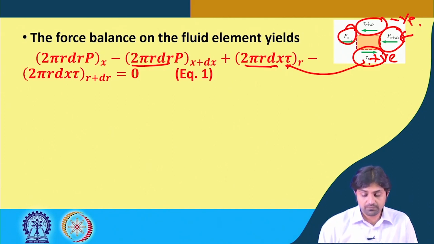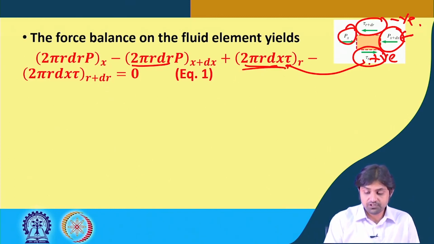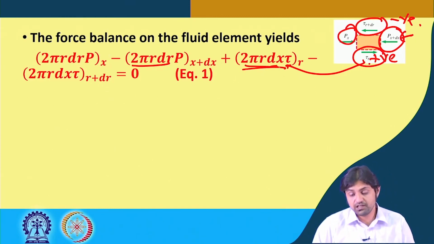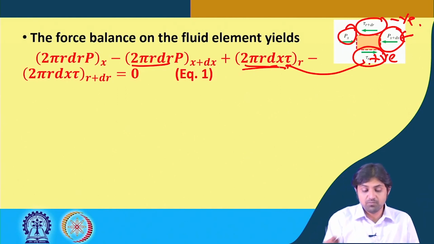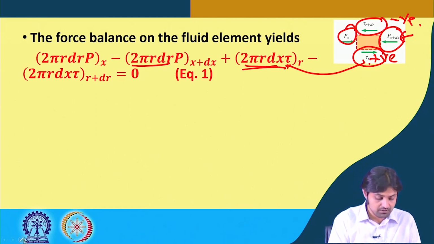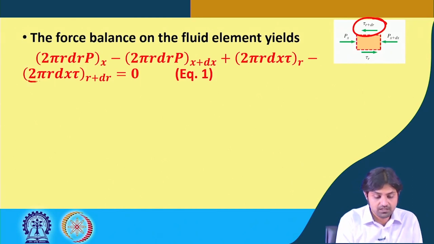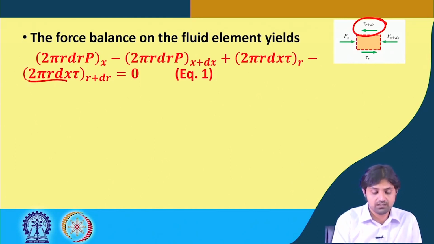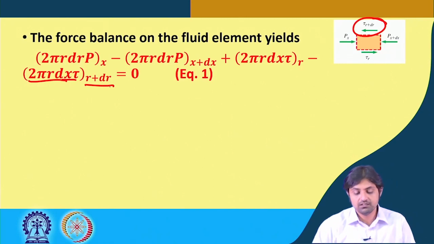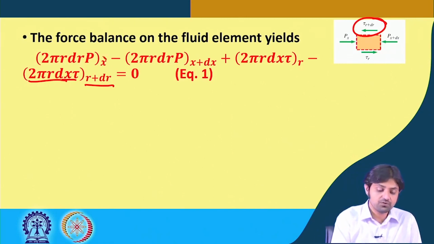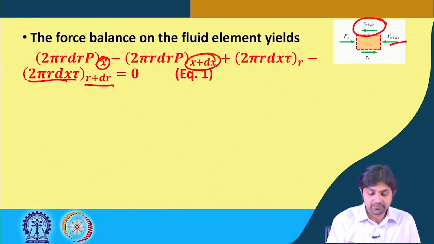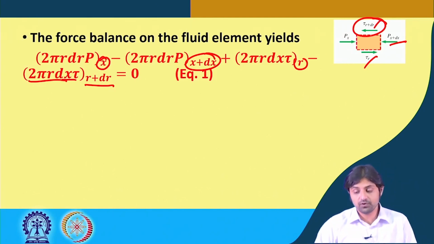So this was positive sign, 2 pi r dx is the area, and the shear stress is tau at r, minus, because it is in the negative x direction, same area 2 pi r dx into tau at r plus dr. So this denotes where this force is. It is at x, this is at x plus dx, this is at r, and this is at r plus dr.